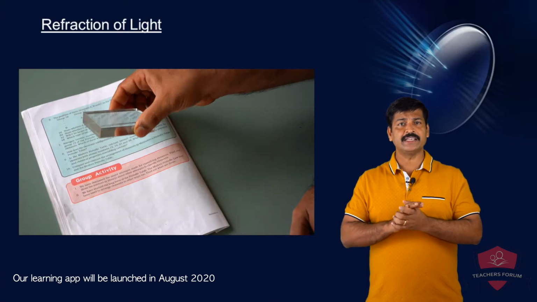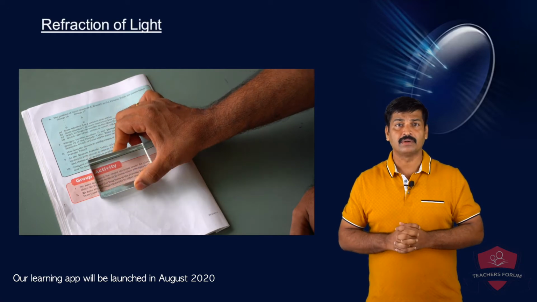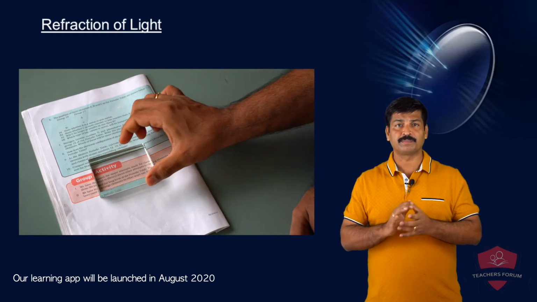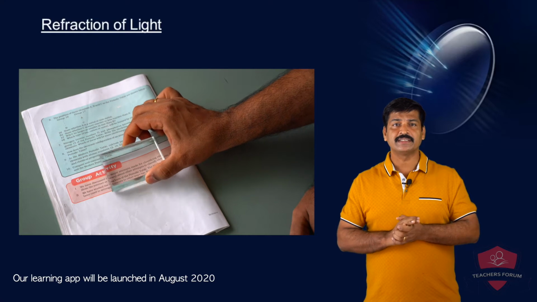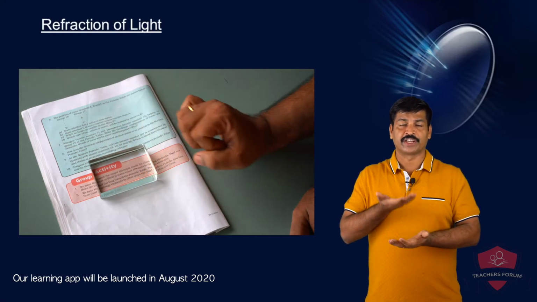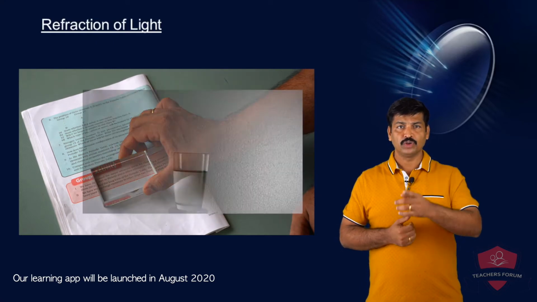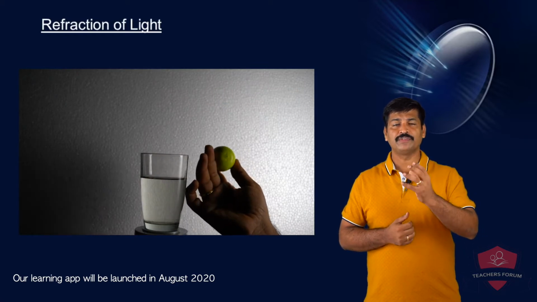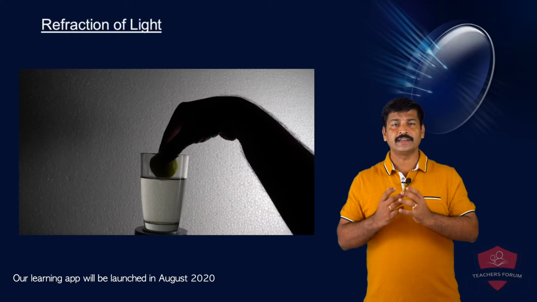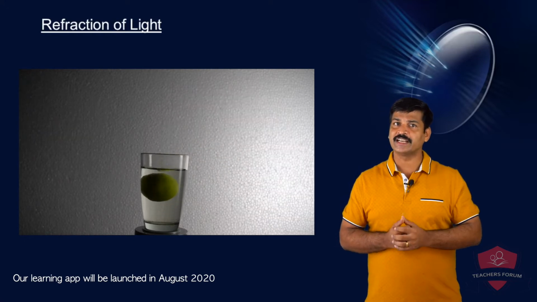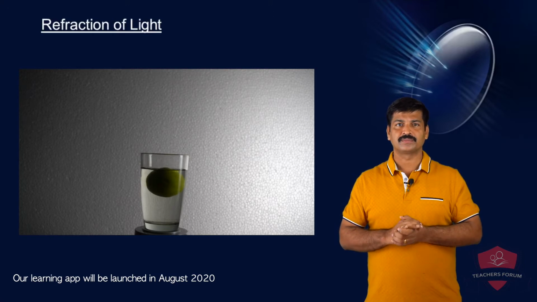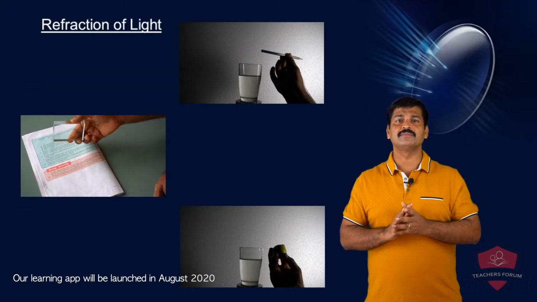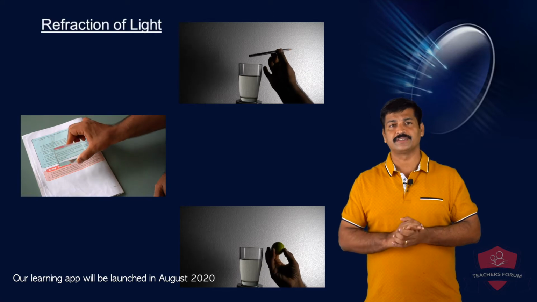If you place a rectangular glass slab on some printed letters, you can see that the letters get raised. You might have also noticed that if you keep a lemon in a glass containing water, the size of the lemon gets enlarged. The reason is the same for all these cases.